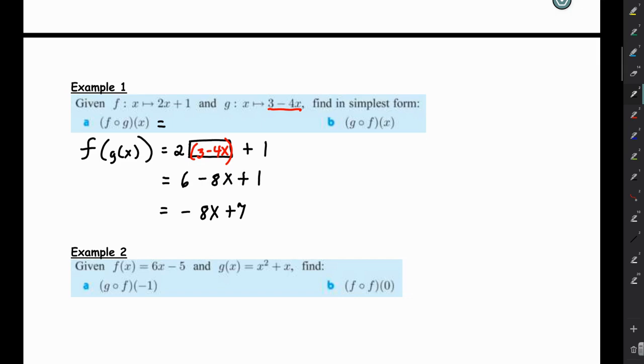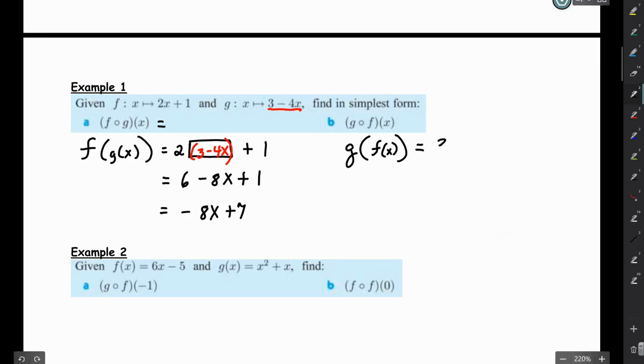We want g of f of x, so we're going to rewrite it. I like to do it this way. You don't have to rewrite it, but it just helps me see very clearly that this time the g is the leader and the f function is going to be put inside. So for the g function, I'm going to put a box wherever I have an x. So I'm going to put a box there this time. So let's write that out.